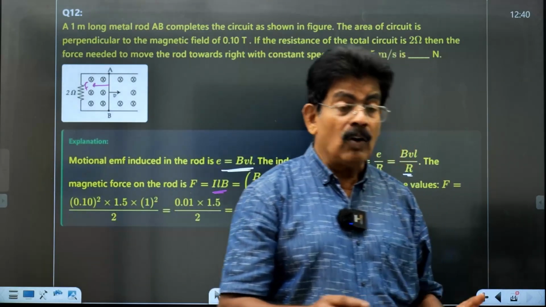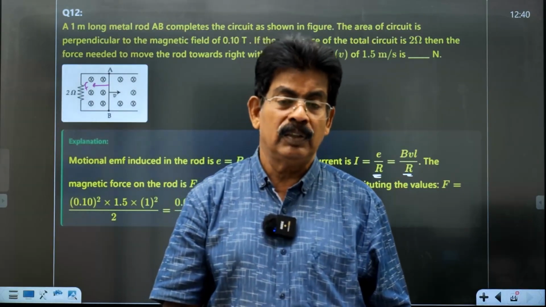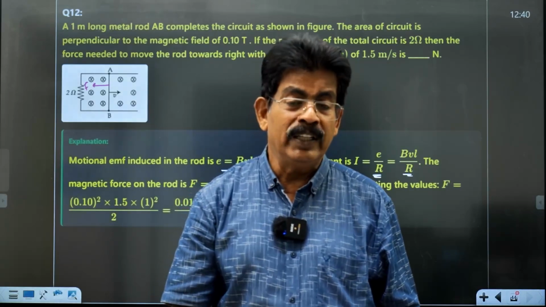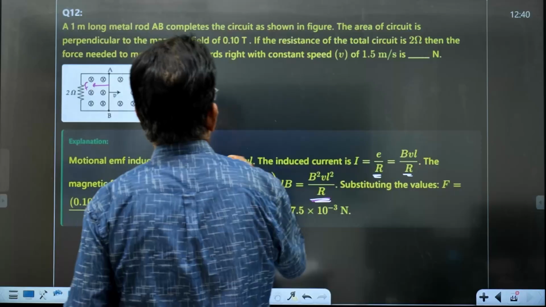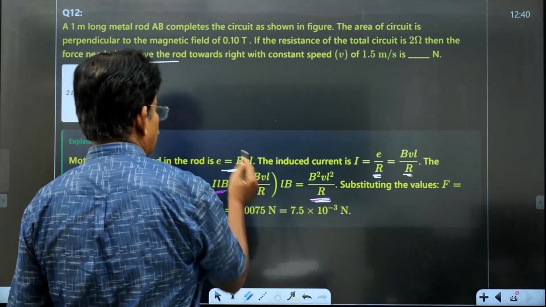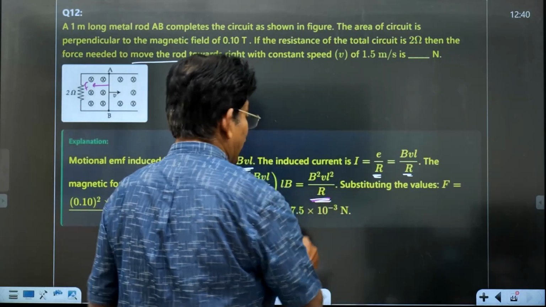So a constant force will be developed on it. Isn't it? Because who is pulling it back? This much force. The question asked is how much force is needed. The force pulling it back is B square L square V by R.